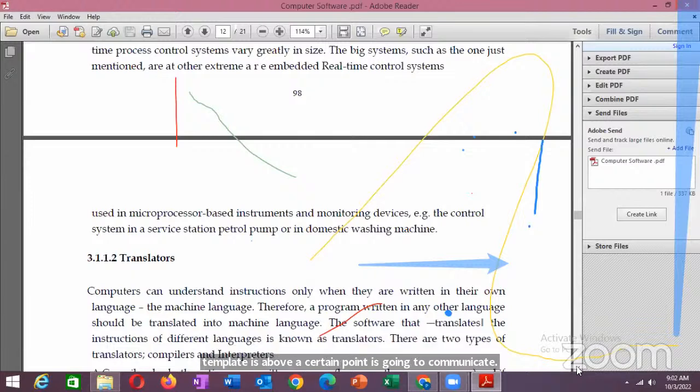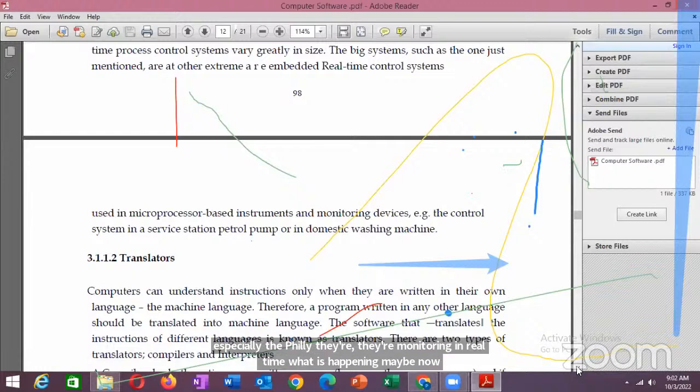If the chemical is supposed to move to the next level and it has been delayed, it has to communicate. So these are very important when they are monitoring in real time what is happening, maybe in a chemical factory or in a boiler in Nzoia Sugar Company or Mumias, or in the steel rolling mills, Mabati rolling mills.